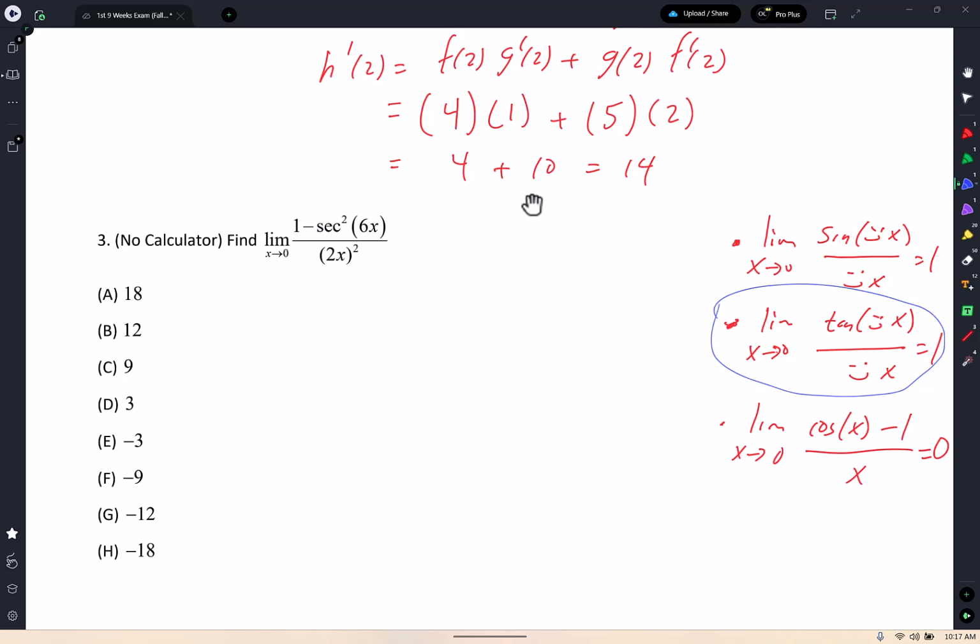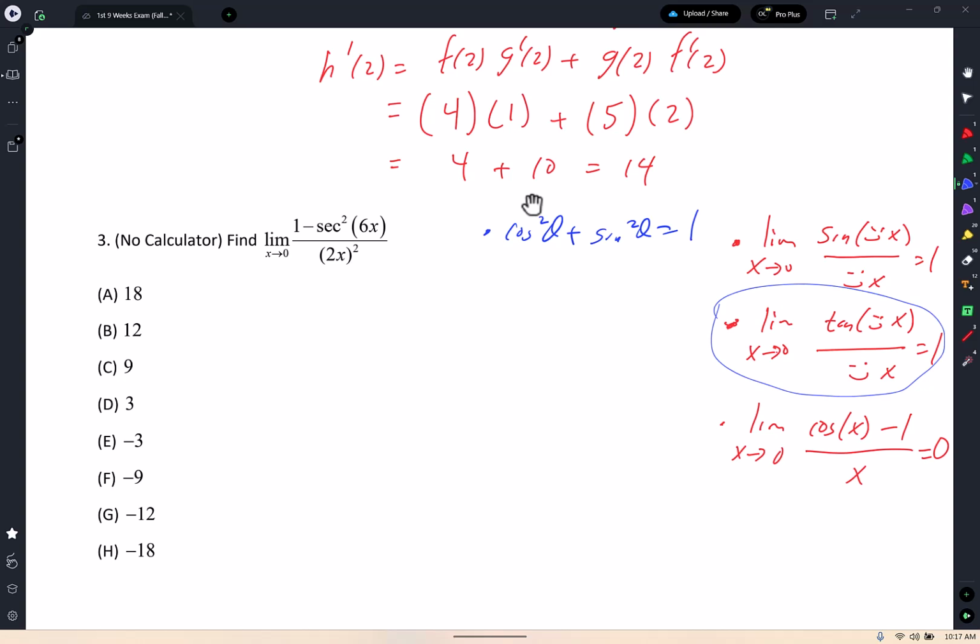Right? So another side note. Cosine squared theta plus sine squared theta equals 1. You guys know that, right? Well, we're trying to solve for this limit, but we need properties, because I see 1 minus secant squared.